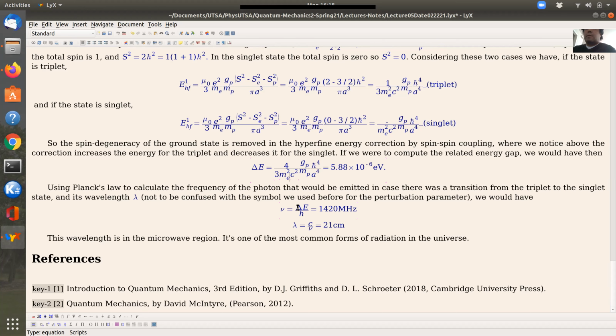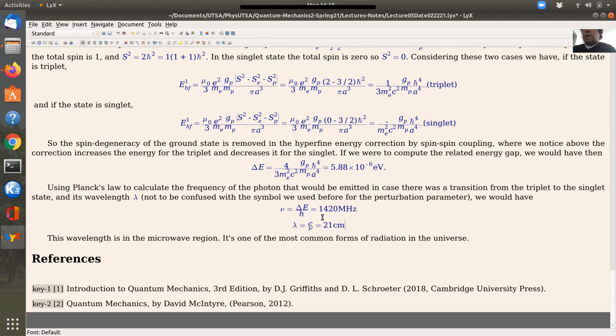This comes from Planck's law, nu equal to delta E divided by h. So this is going to be 1,420 megahertz. And if you want to calculate the wavelength, this is c over nu, which is 21 centimeters.